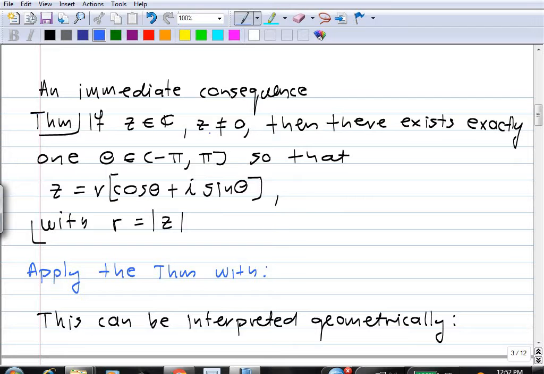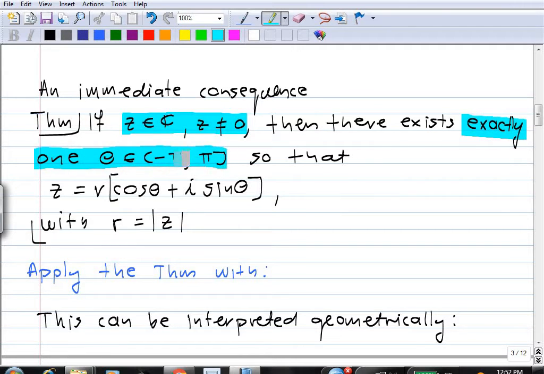If we take a non-zero complex number z, right, then we can find exactly one number theta between minus pi and pi, again with minus pi excluded and pi included, so that we can write z in the following form. z is equal to r times (cos theta plus i sine theta), with r being the modulus of z. And it's very easy to see.